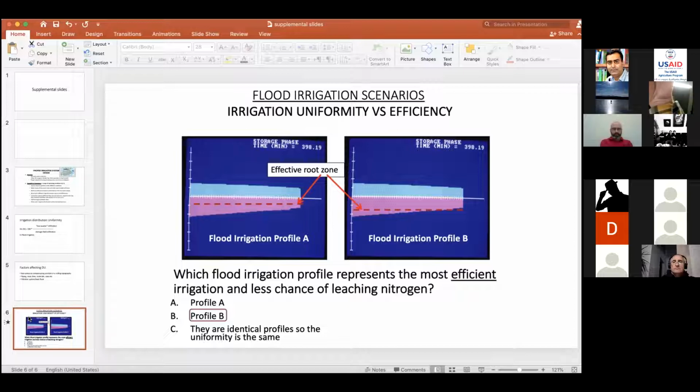You can stand in the middle of the row and look down your rows when you're irrigating, and if the circles that your sprinklers make are big and small and the size is varying, that means you don't have good irrigation distribution uniformity.